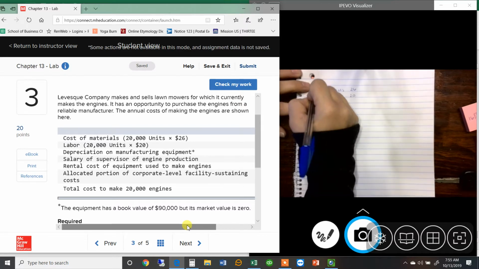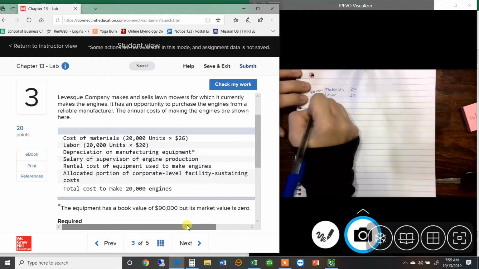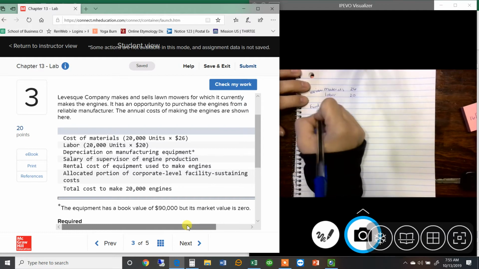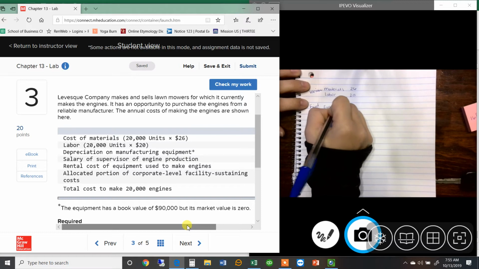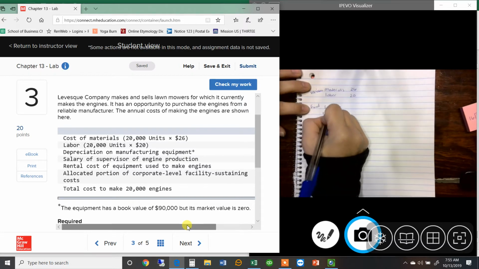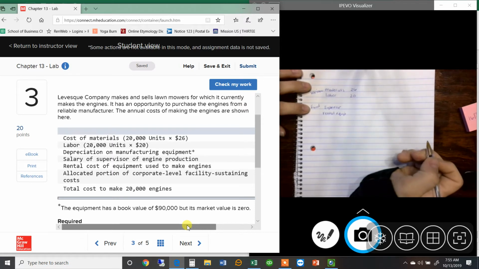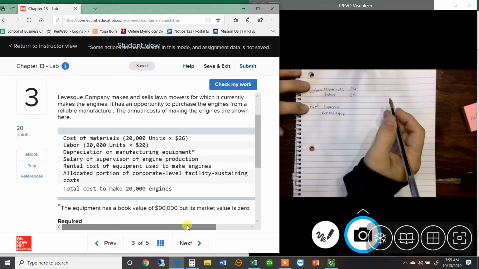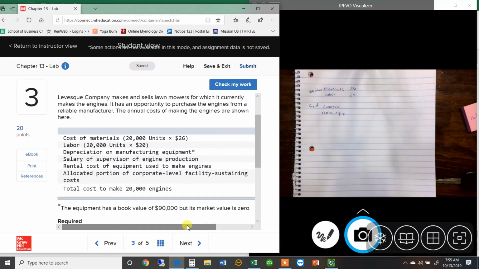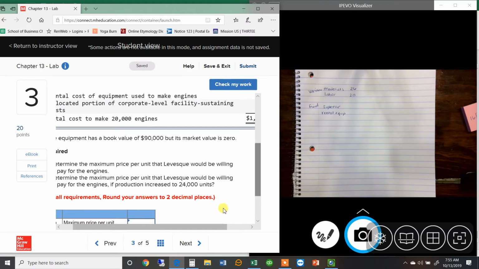And these are both variable. And then I have my fixed costs down here, which are the supervisor, and then the cost of the rental equipment. And those are both fixed. So no matter what happens, I'm going to be paying those out.